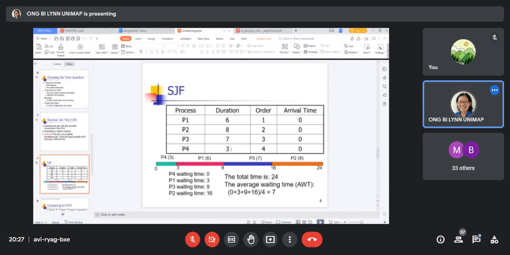If you look at 6, 8, 7, 3, the order from the smallest to the highest will be 3, 6, 7, 8.